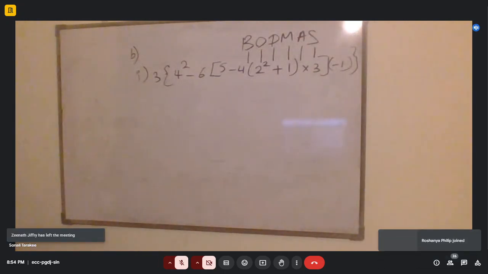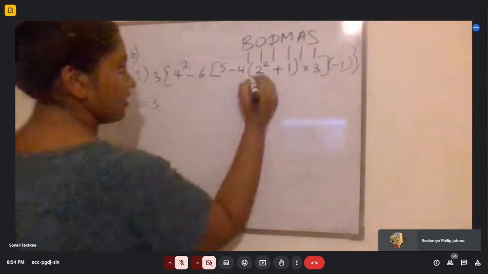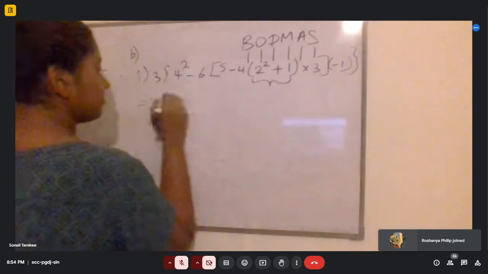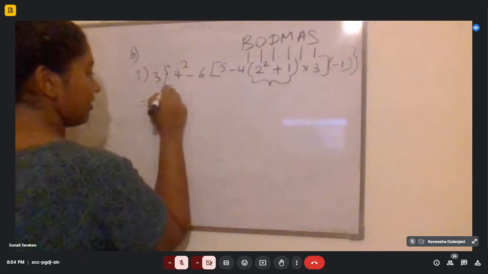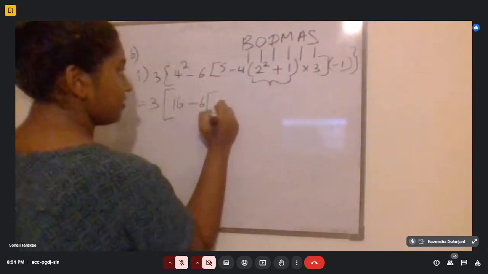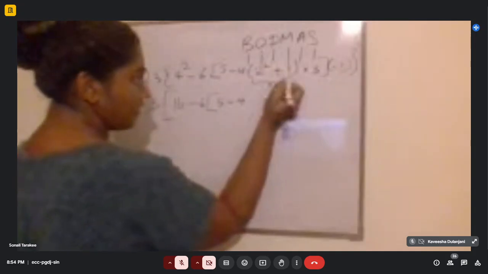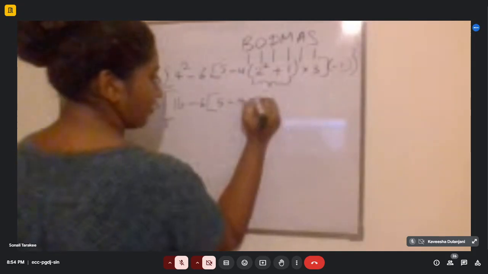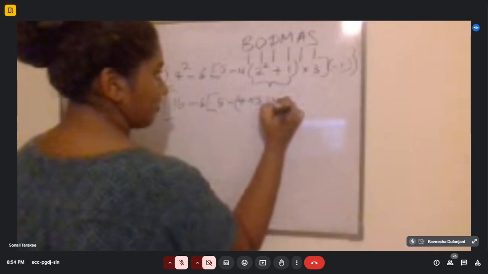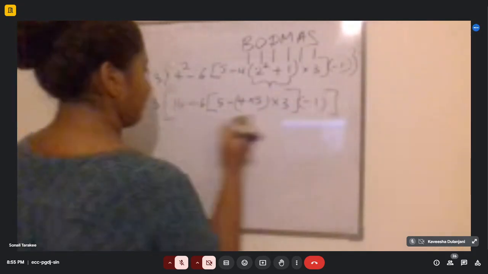First of all, what you have to do is simplify the brackets, such as this one. So you can write 3 into 4 squared, which means 16, minus 6 times 5 minus 4 times 2 times 2 is 4 plus 1, 5, times 3 minus 1.